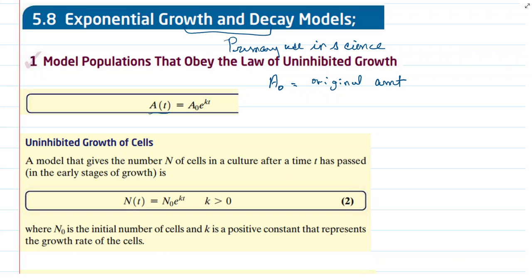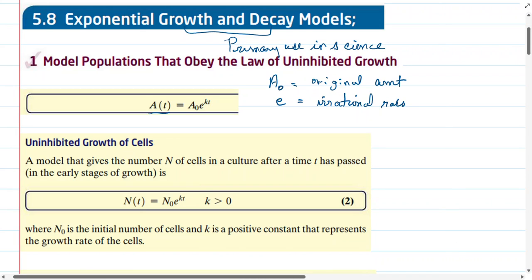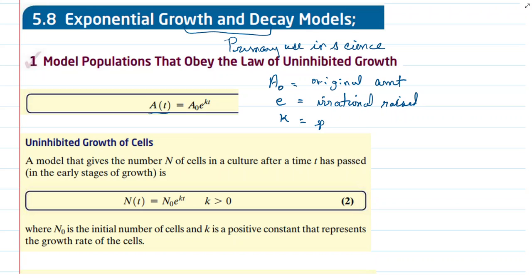And then, of course, we have e, which is our irrational number, not only in finance but in science, raised to k, which is the percentage or the constant, times t, and t is time. And we use it for doubling, we use it for all kinds of things.